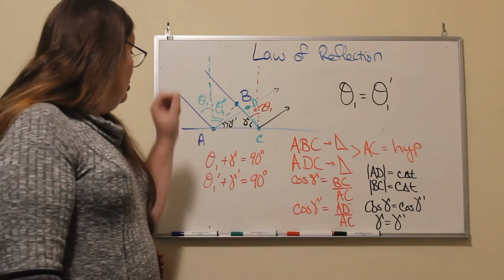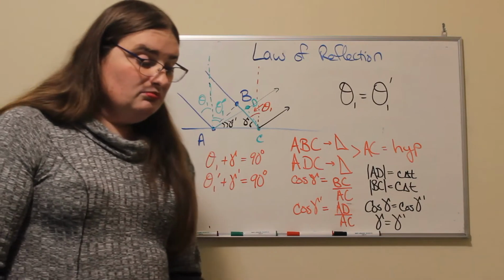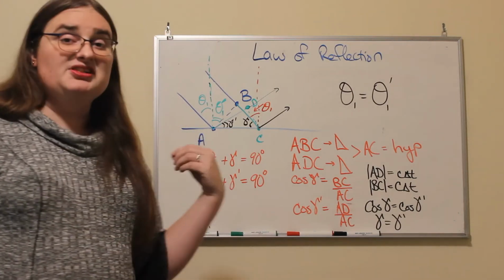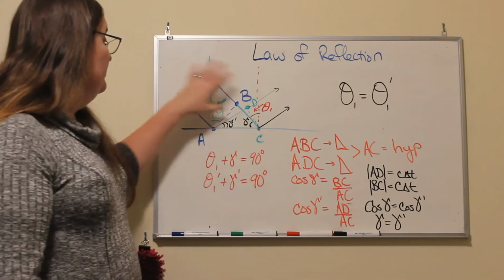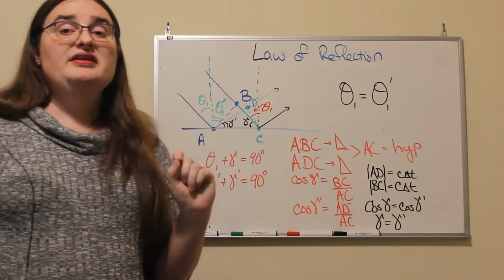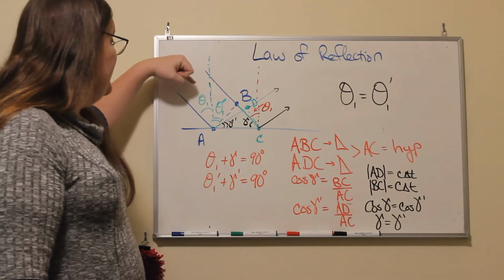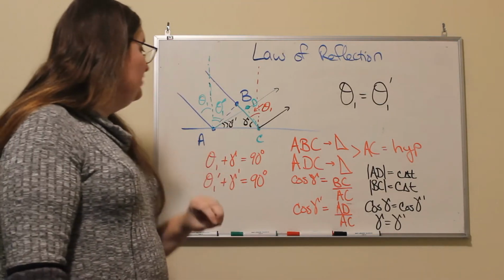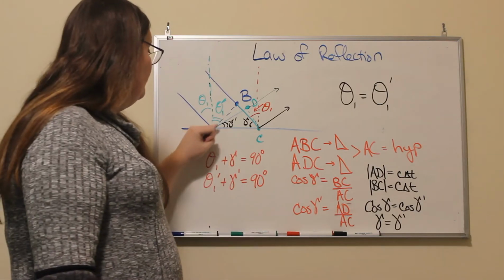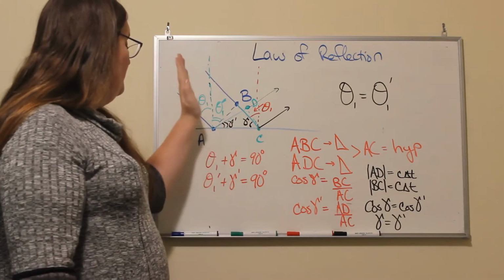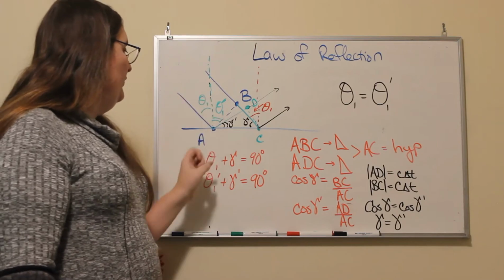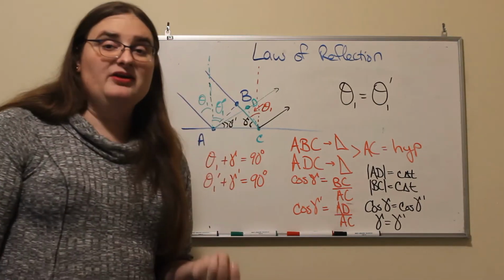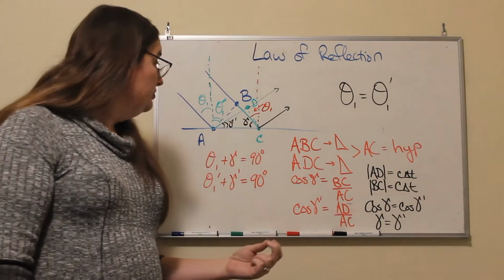So, in order to determine the law of reflection, we're going to go through and name some angles for these interior triangles that we've set up. Our first angle is the angle of incidence for our first light ray, theta 1, and the angle of reflection from the normal drawn at point A to this ray AD is going to be my angle theta 1 prime.